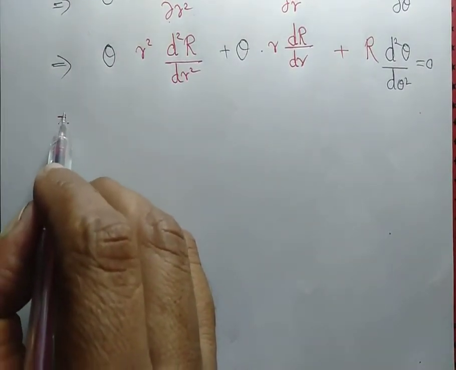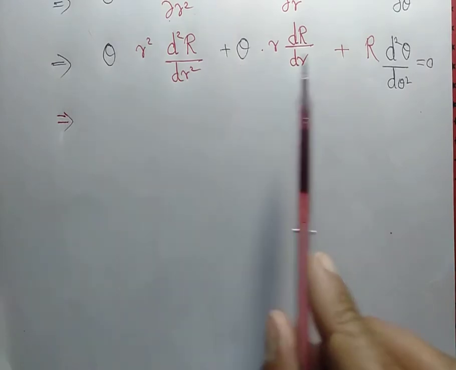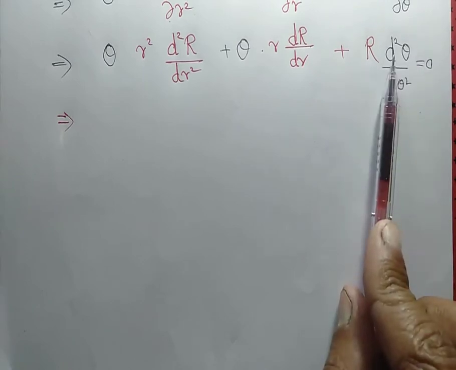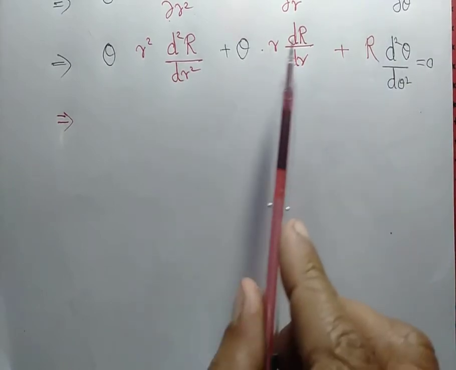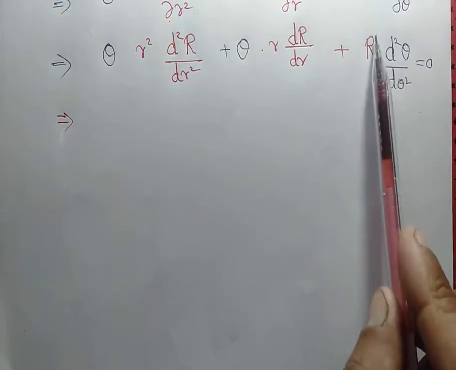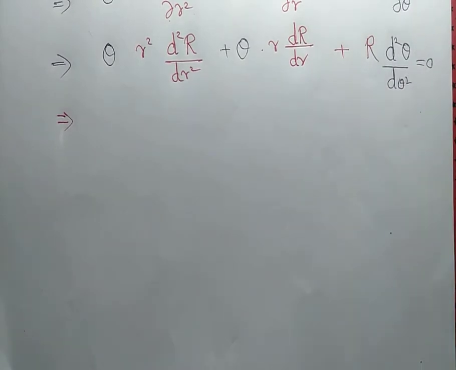Okay. Now what can we do? You see, can we separate r and theta? If we can, then how? Well, if we divide by theta, then you'll have this quantity independent of theta, and if we divide by r, this quantity will be independent of r. Let's do it.